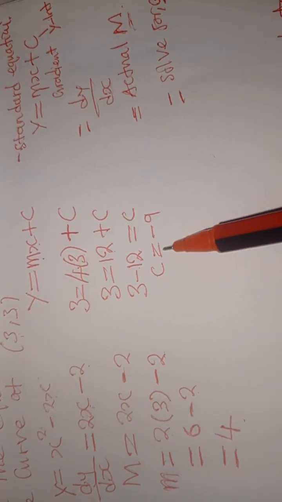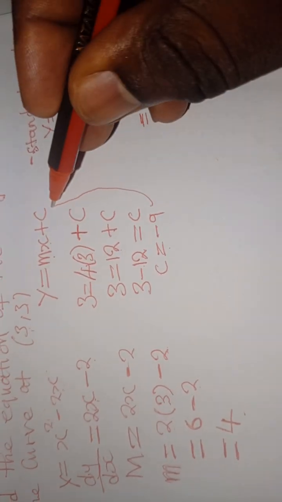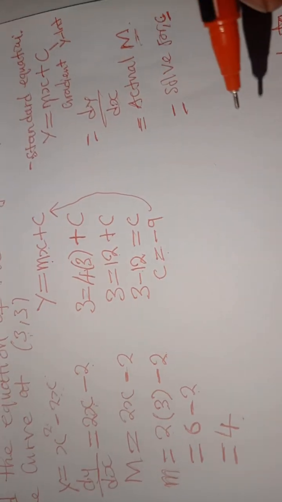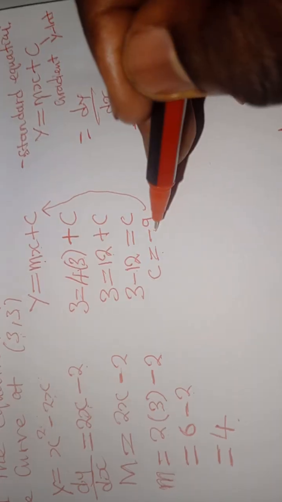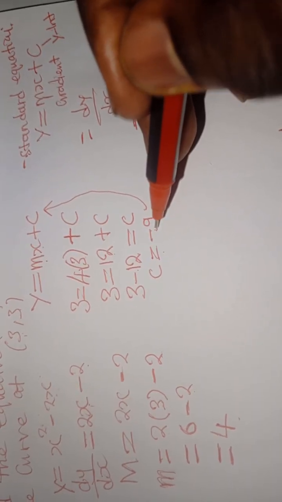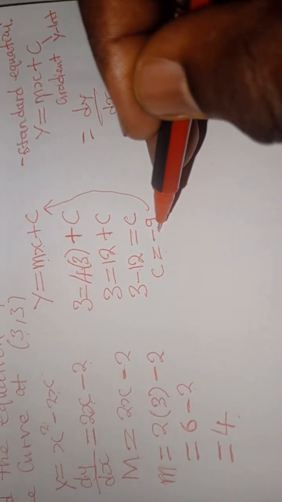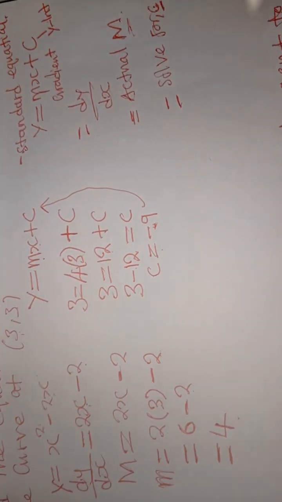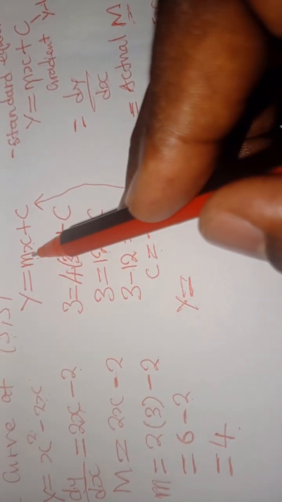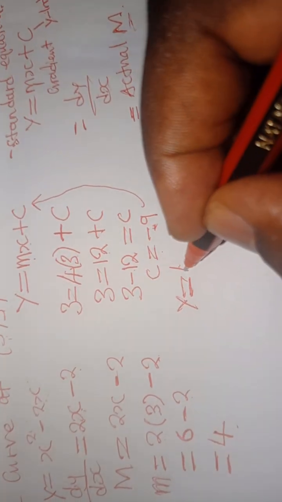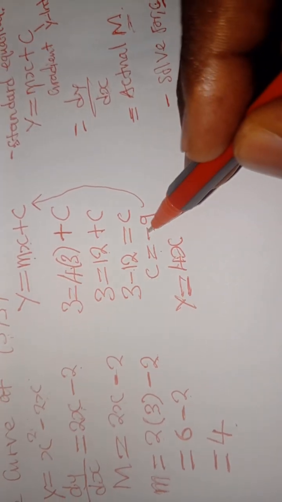The moment you find the value of c, it means even the equation, you found it. All you do is to come back here in that standard equation, where there is c, place the value of c, including the sign that you have found. You get the sign the way it is here. So, meaning our equation will be y is equals to, remember our gradient is a 4, so 4 times x, we get 4x. C, this is a negative.